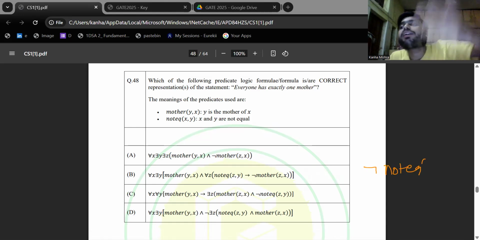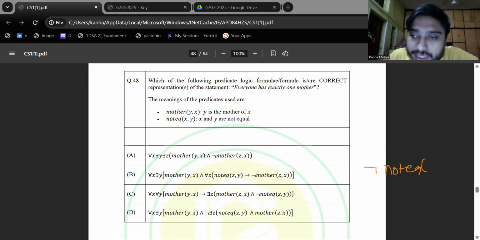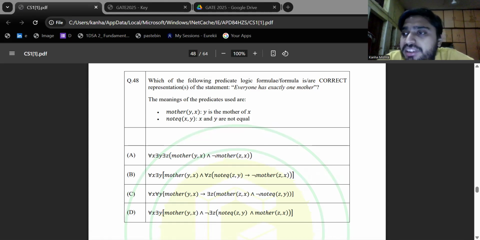It is the opposite of not equal, so it means Z is equal to Y. This says if Y is mother of X, then there exists Y, which is trivial. It does not say anything about uniqueness or existence properly. So it's not a complete representation of exactly one mother. C seems incorrect.